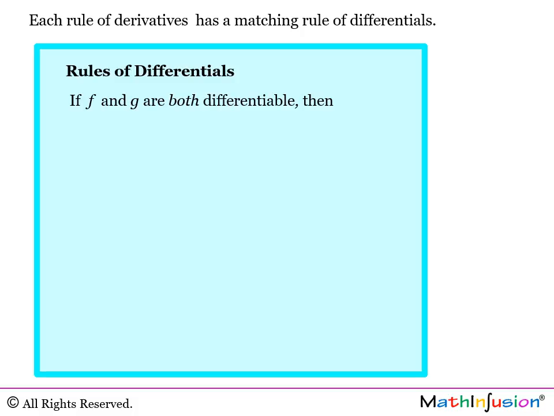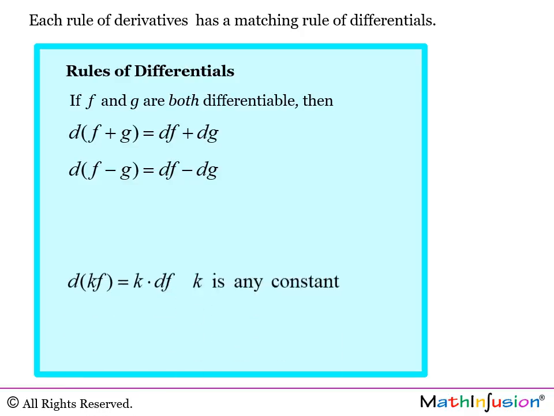Each rule of derivative has a matching rule of differentials. Rules of differentials: if f and g are both differentiable, then the differential of f plus g is the differential of f plus the differential of g. The differential of f minus g is the differential of f minus the differential of g.